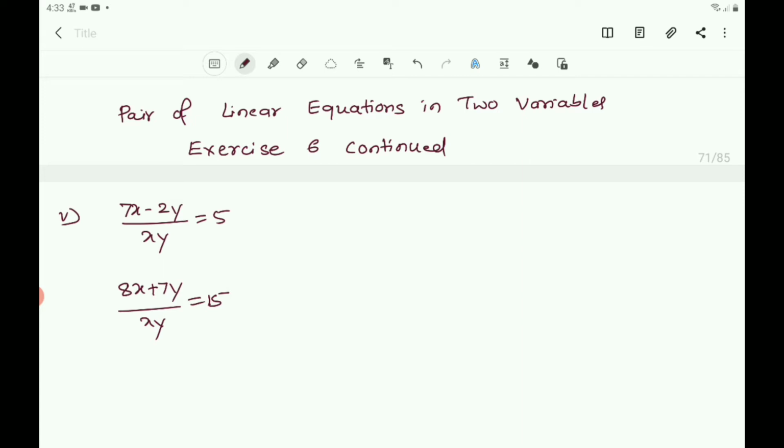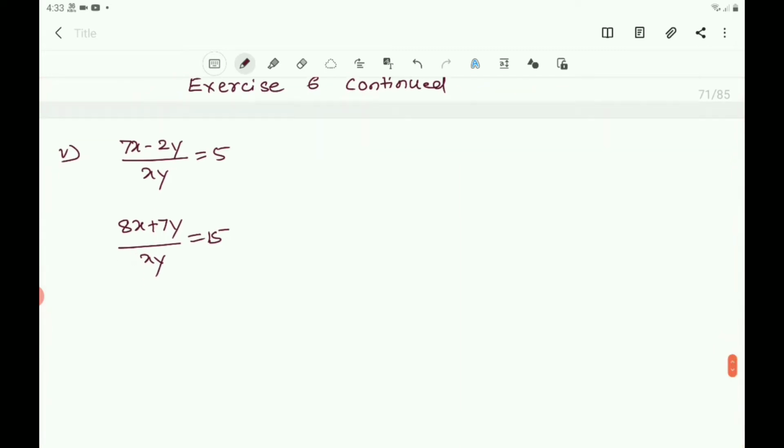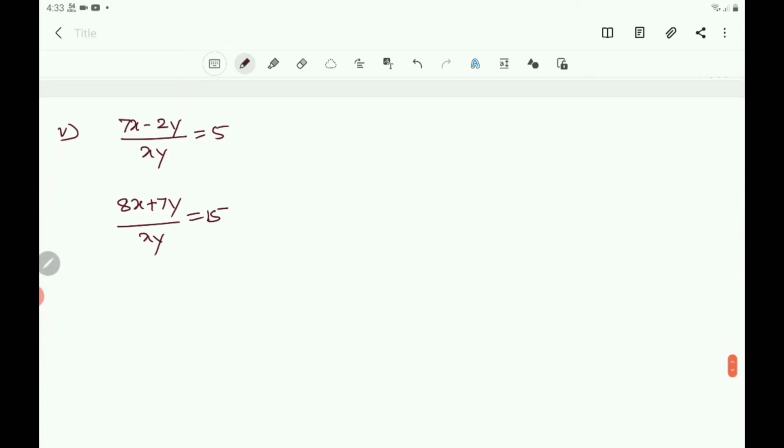Now we have to reduce them to the form of linear equations. The first one is (7x minus 2y) divided by xy equals 5. Divide each term by xy, that is 7x by xy minus 2y by xy equals 5.